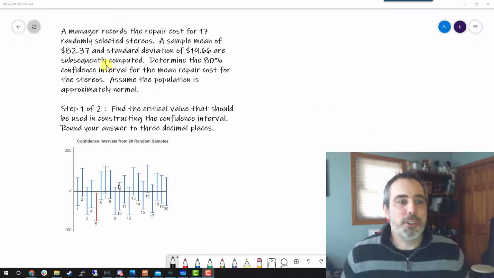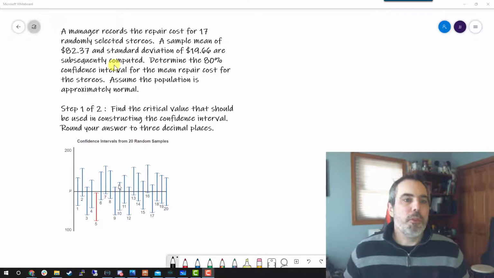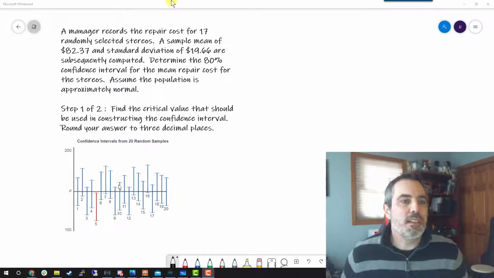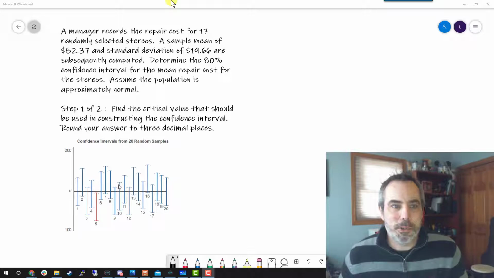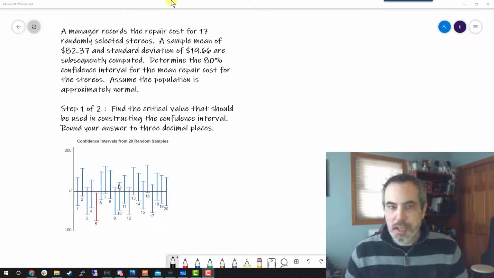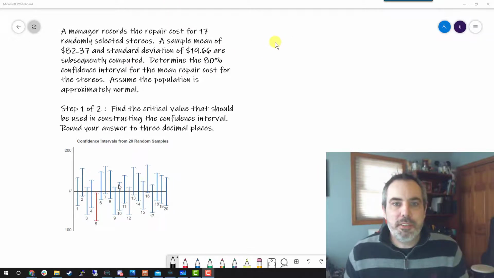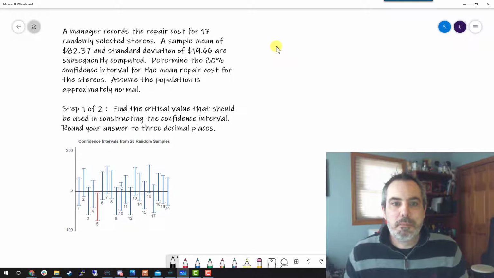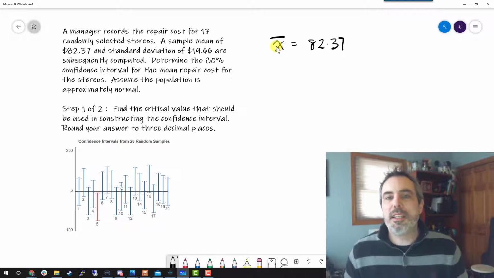So I've got a manager here that records the repair cost for 17 randomly selected stereos. A sample mean of $82.37 is recorded here. So I've got an X bar of $82.37. That's based on these 17 that he came up with.